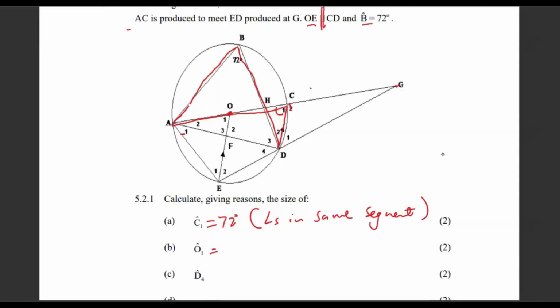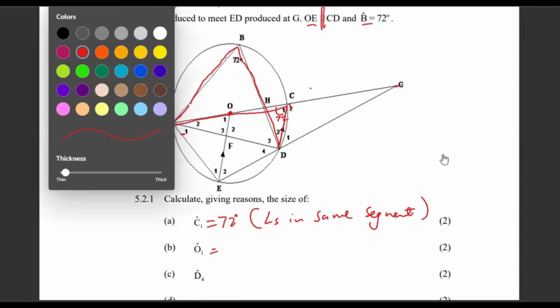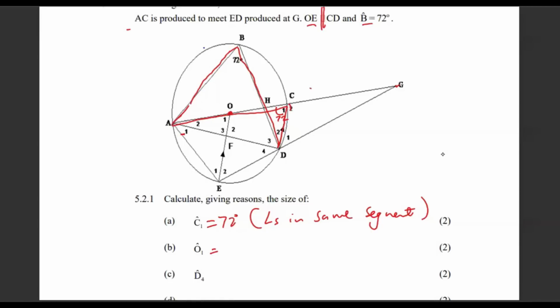Then if this is a 7-2, they want us to find O1. What do you see there? So this and that. O1. So O1 is also going to be 7-2 because those are corresponding angles.